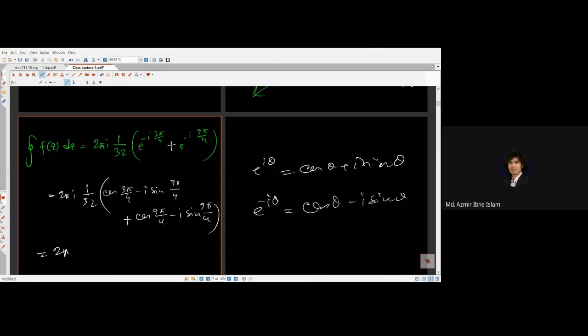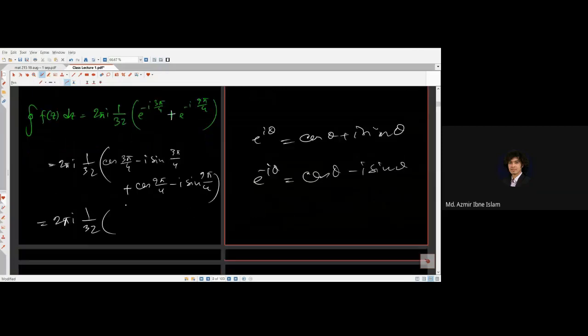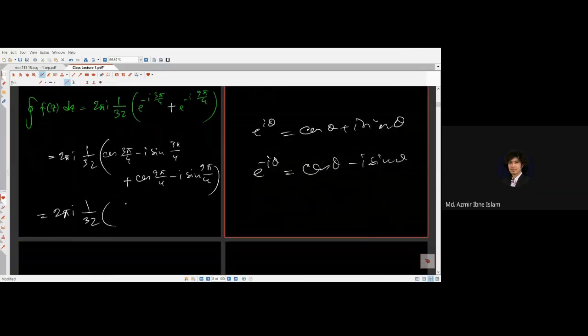Now use calculator, you will get the result. So cosine 3 pi by 4 is most probably negative 1 over root 2. Sine 3 pi by 4 is also, I sine 3 pi by 4, 1 over root 2.